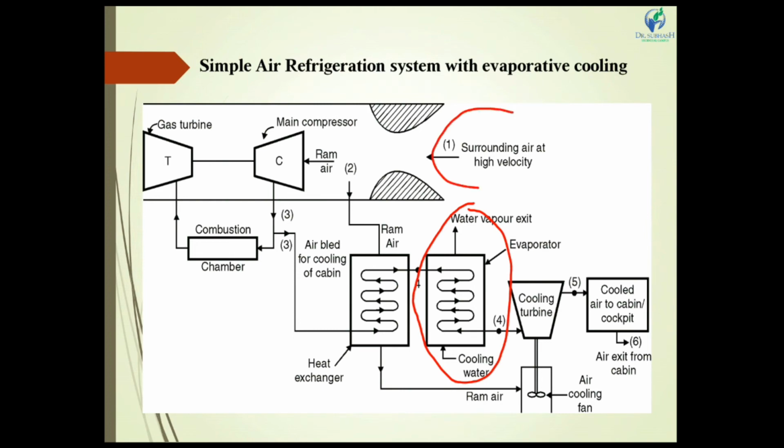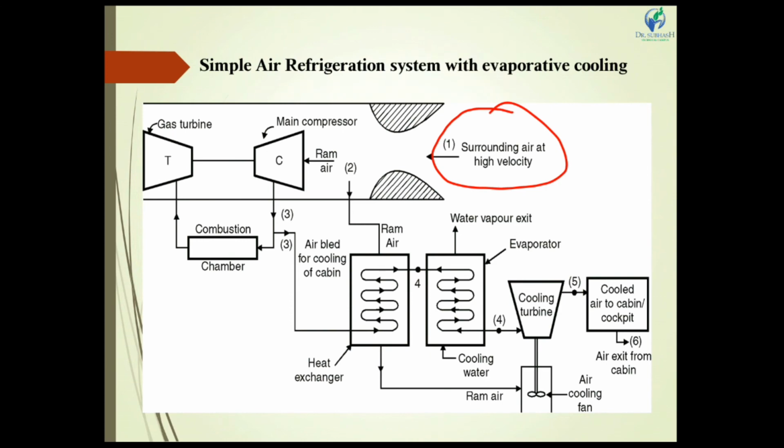First, the surrounding air passes through the diffuser; the actual ambient air passes into the diffuser and is converted into ram pressure. At a higher altitude, the aircraft is moving with some velocity, so the kinetic energy is converted into pressure energy.